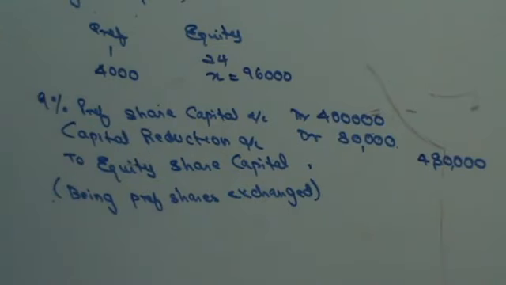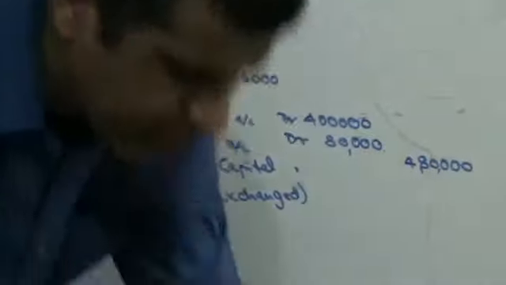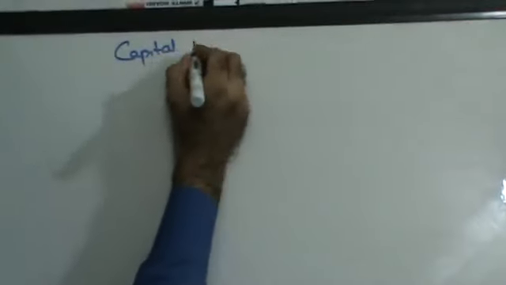Right? Okay. Now leave space for one journal entry and make capital reduction account.